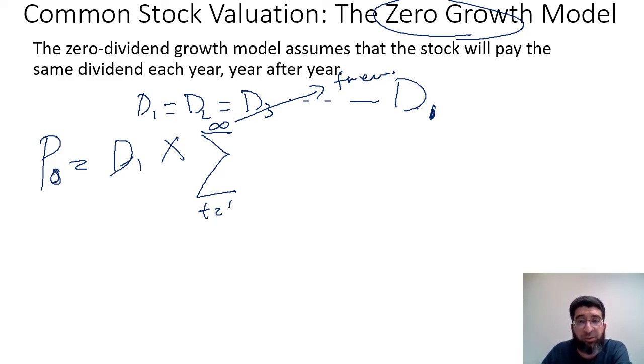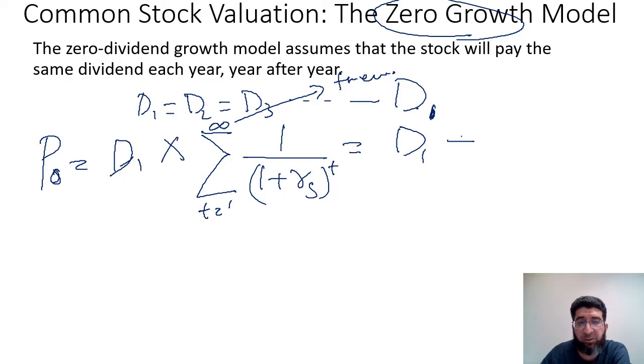Unlike bonds, which have a maturity, common stock does not have a maturity, so we have to use the term infinity. Then we have 1 plus R_s to the power t, where R_s is the required return on stock. Now this can be shortened: D1 multiplied by the summation, which comes out to be 1 over R_s.